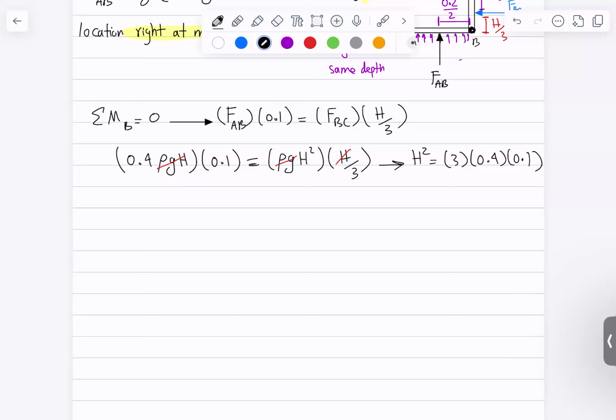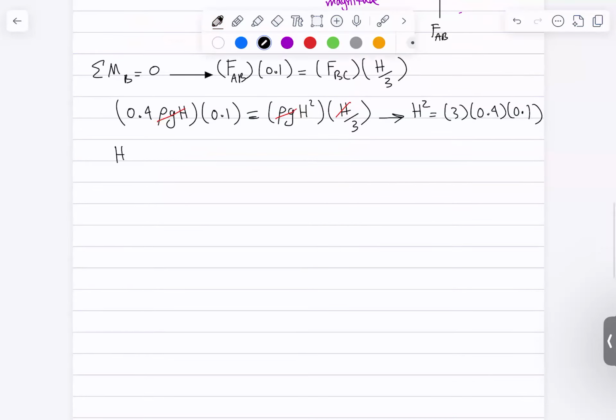Hopefully, let's check if the numbers are correct. We get 0.1 times 0.4 times 3. This is 0.12. And H is the square root of that, which is 0.346 meters, or 34.6 centimeters.